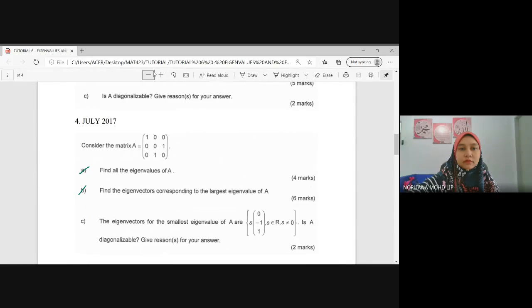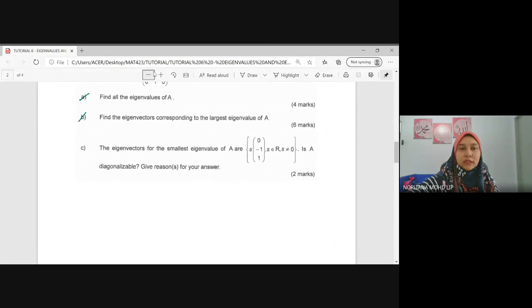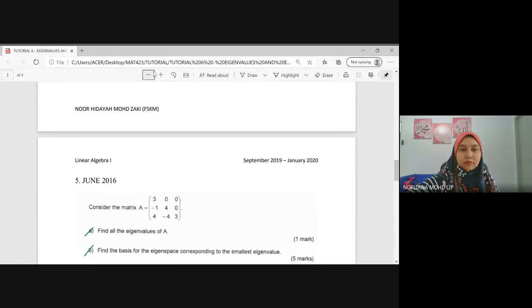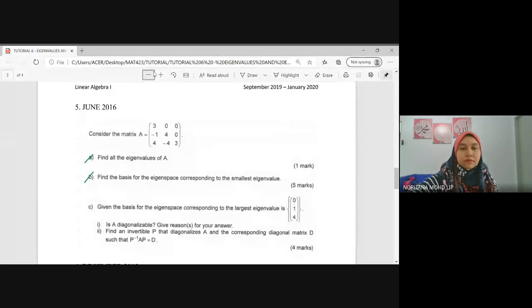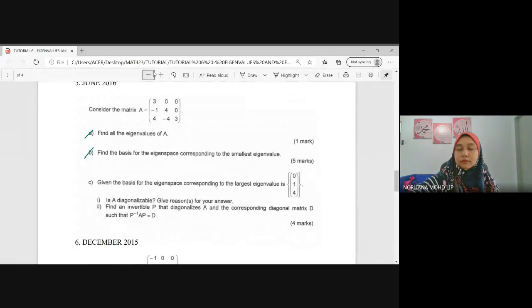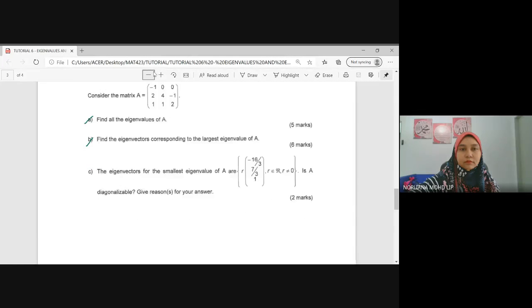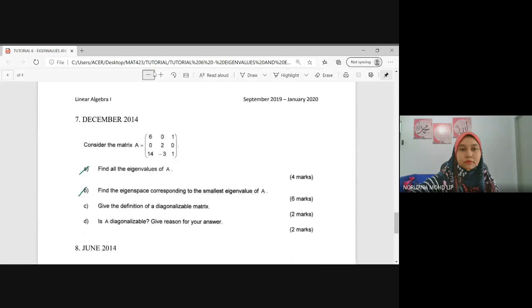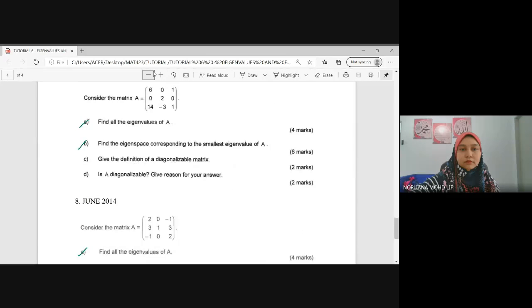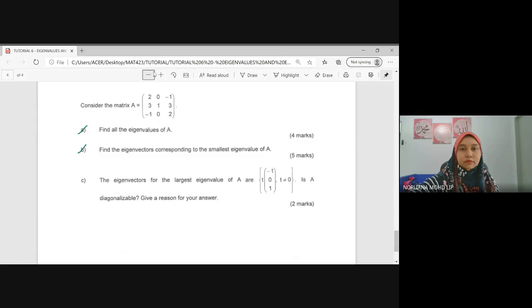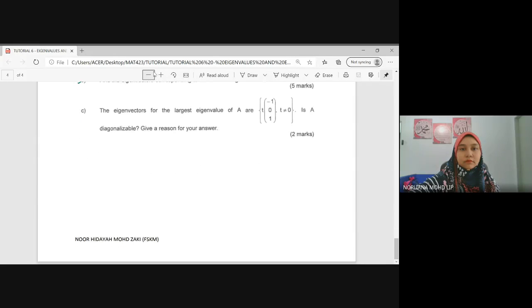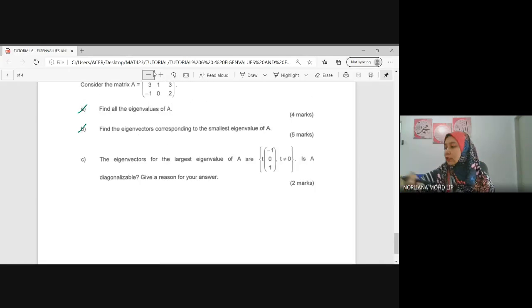Tadi untuk C diagonalizable je kan. Tak ada keluar, tak apa.